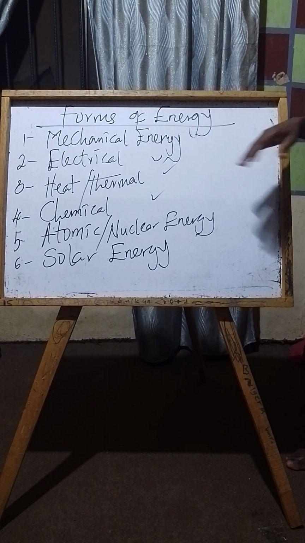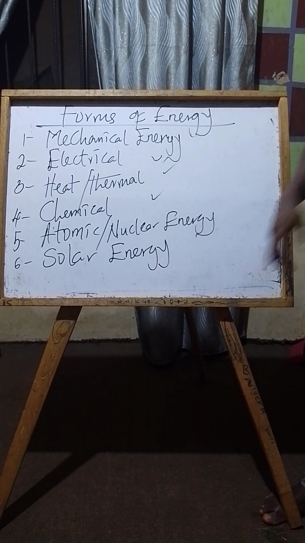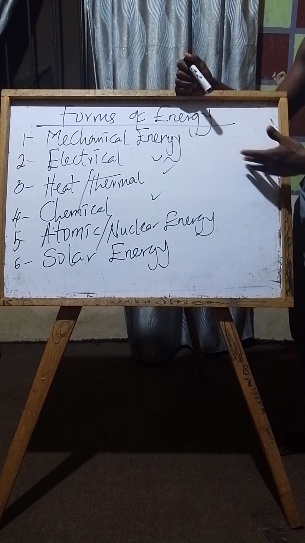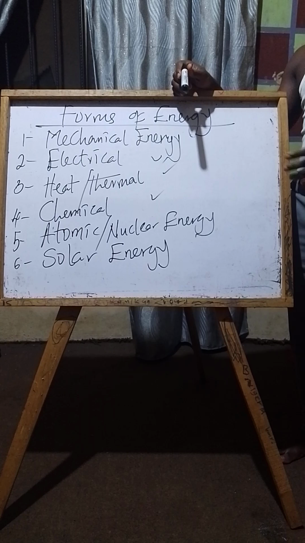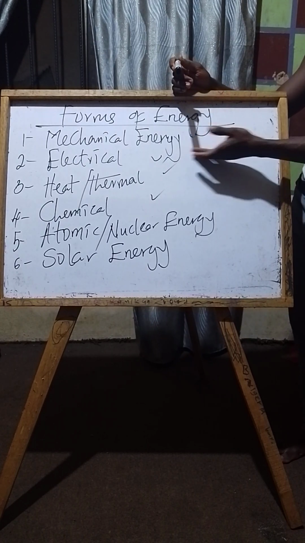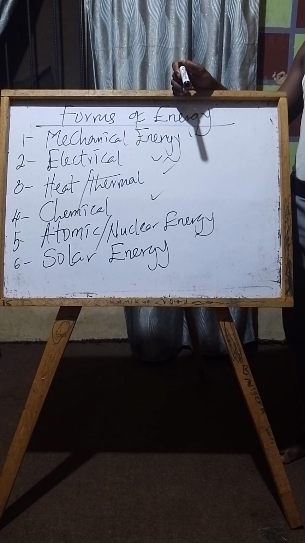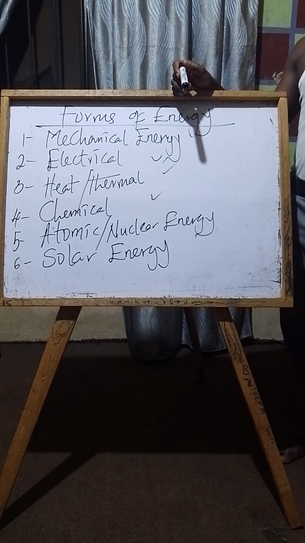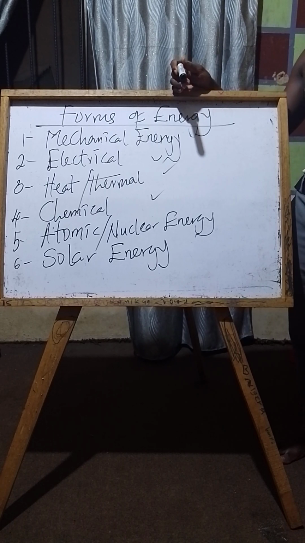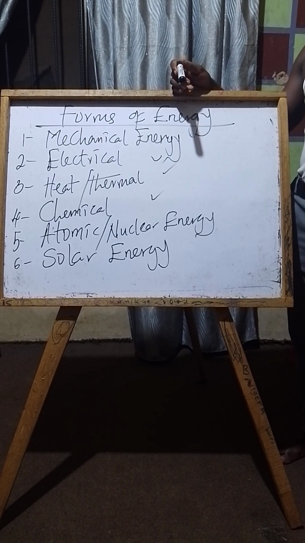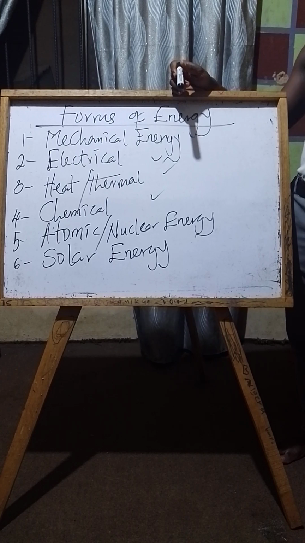Now, if these are the various forms of energy, you can see that this energy exists in different machineries or in different bodies. Mechanical energy, you can see in things like your generator, your cars, your trains, your aeroplanes, and most machineries, tractors.